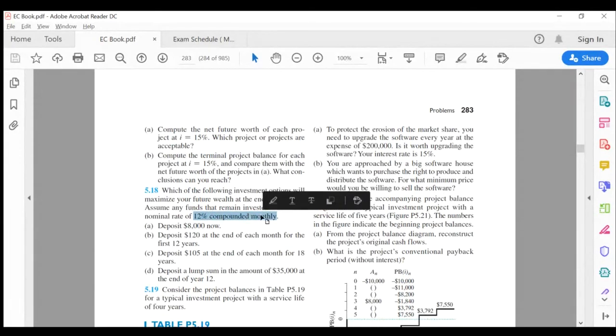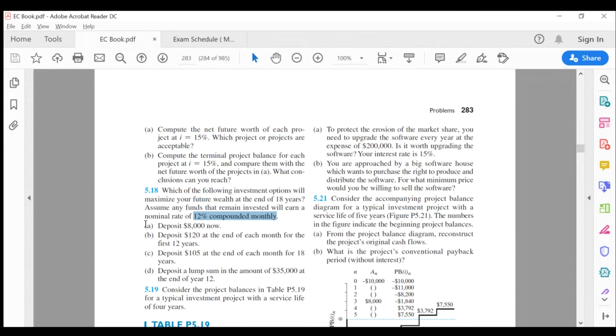12% compounded monthly, right? Now this is slightly a different question. It means in this question you have to use an effective rate, and calculate an effective annual rate for each situation.